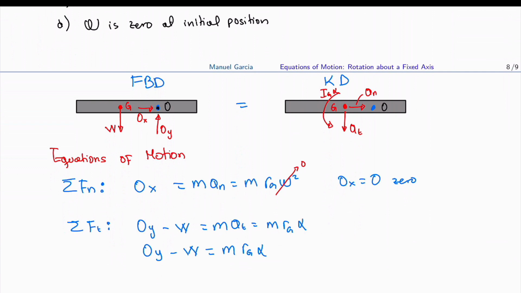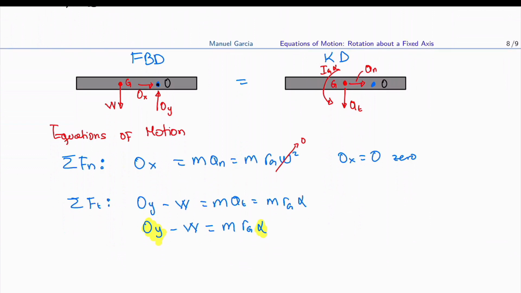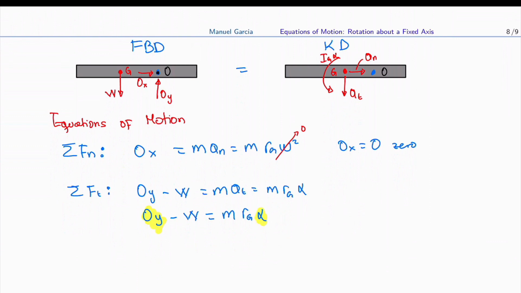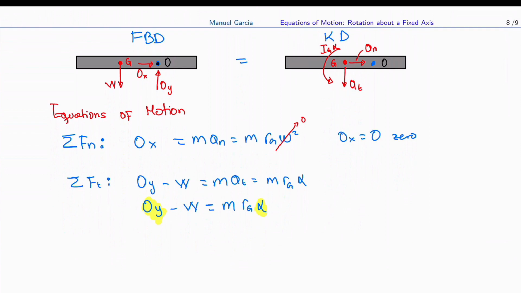From here, we have two unknowns, right? The two unknowns are OY, which is the same in the tangential direction, and alpha. So we have two unknowns because the first one is solved. So we need another equation.